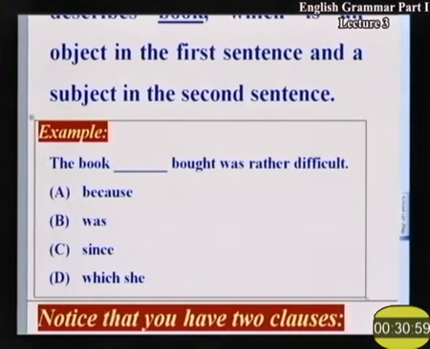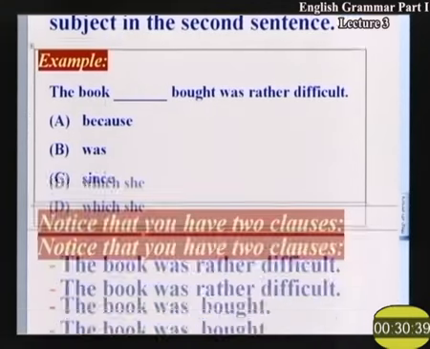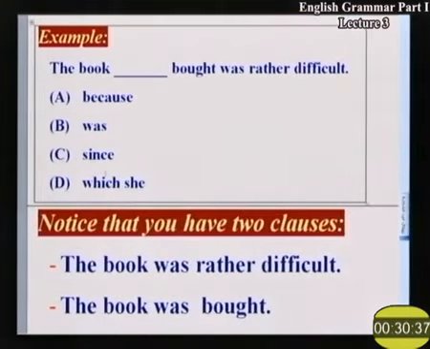alright؟ يبقى أنا عايزة هنا connector and subject علشان يبقى دي adjective clause connected to the word book. يبقى هقول the book which she bought was rather difficult. alright؟ طيب نقرأ مع بعض.